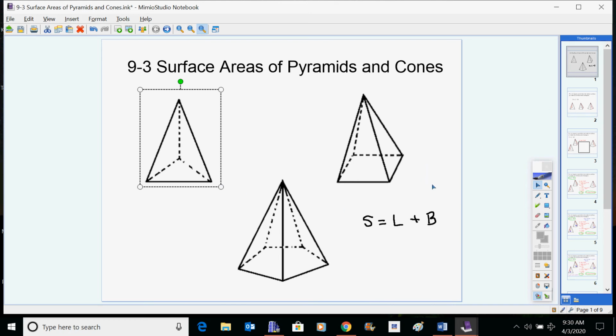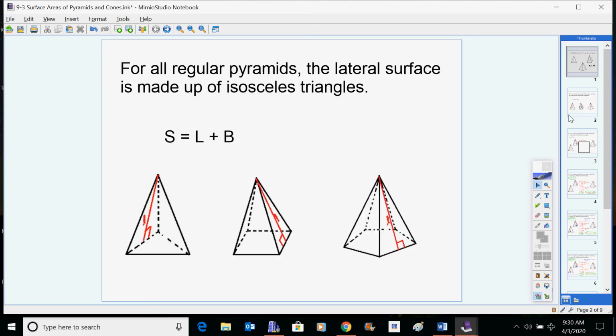I made mention that there are triangles on the side. These triangles are going to be isosceles triangles because you've got a base, but then these sides are all going to be the exact same length because the base is regular and the point is right up above it.